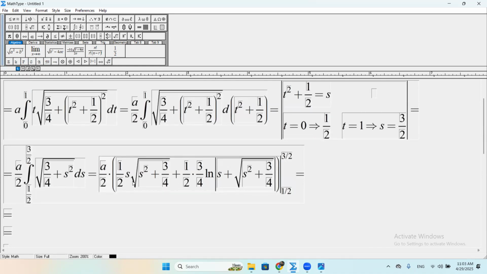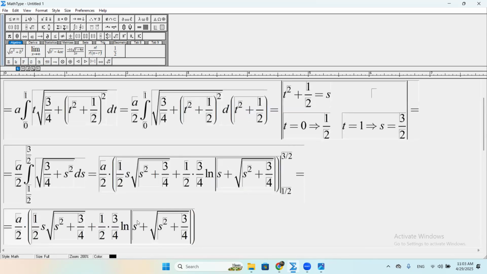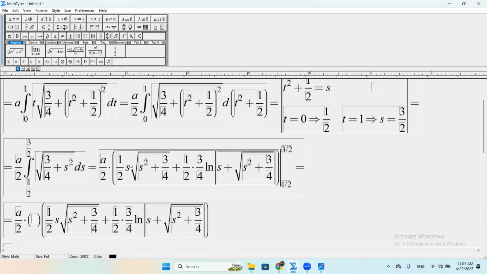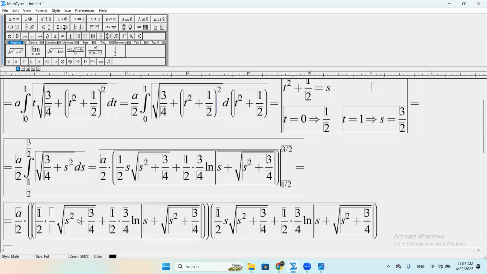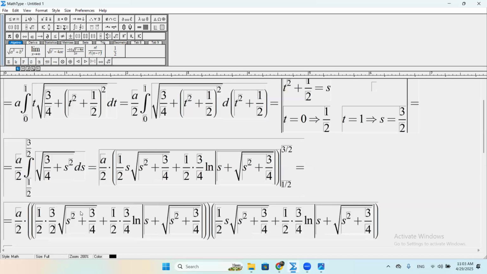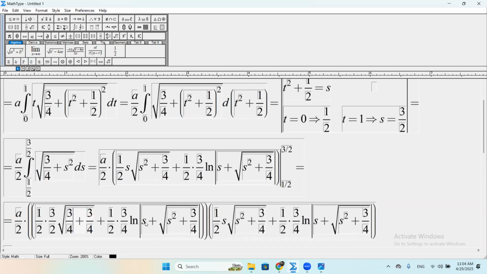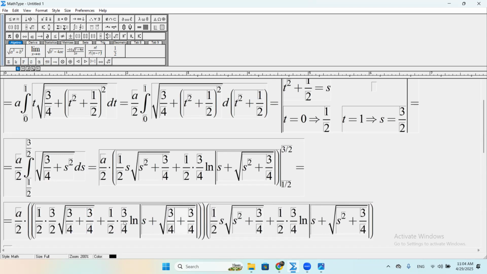Okay. So calculating a over 2. If I substitute 3 over 2, what will I receive? 3 over 2, and here 3 over 4, 3 over 4, and here 3 over 2.